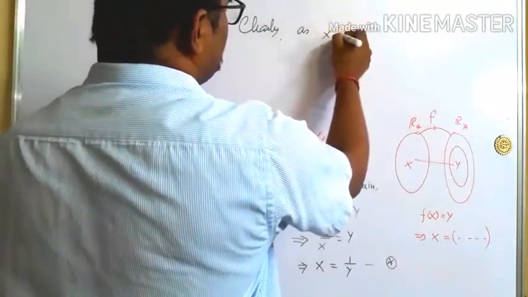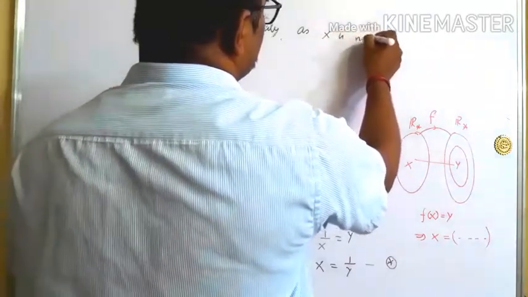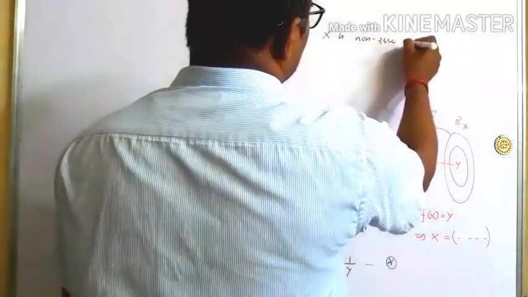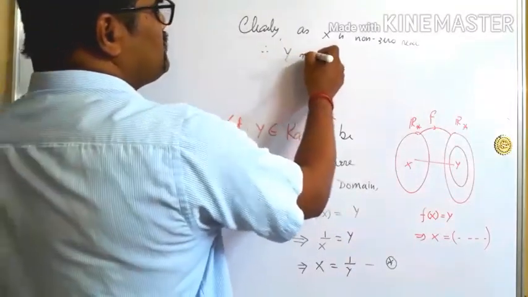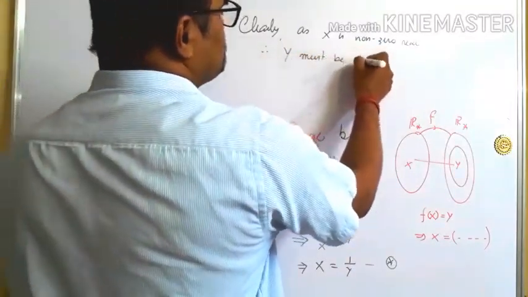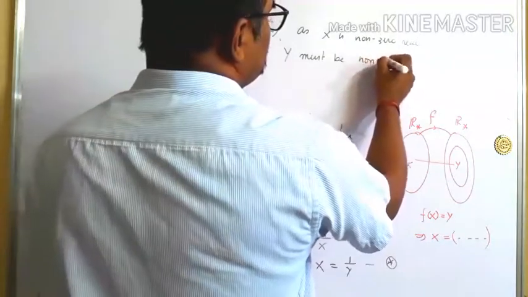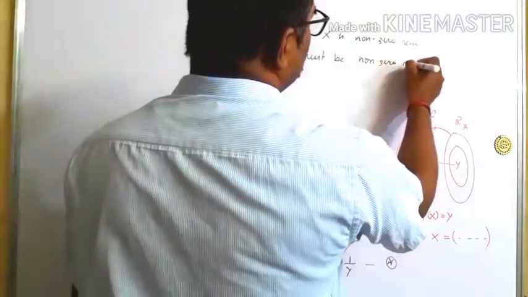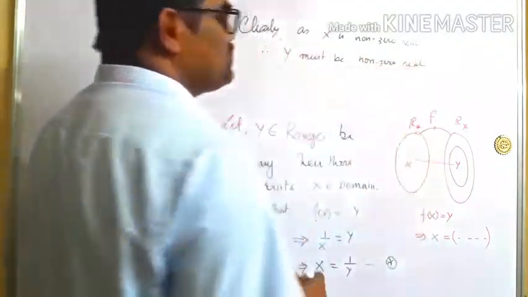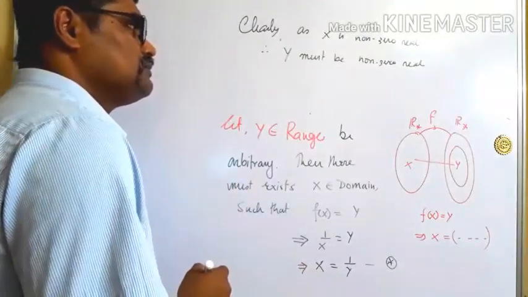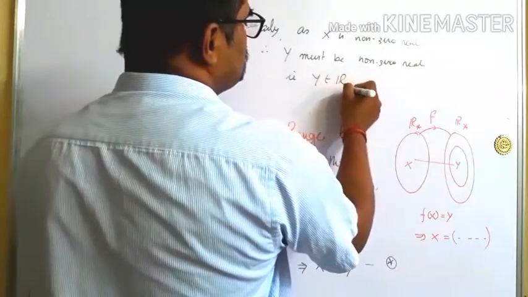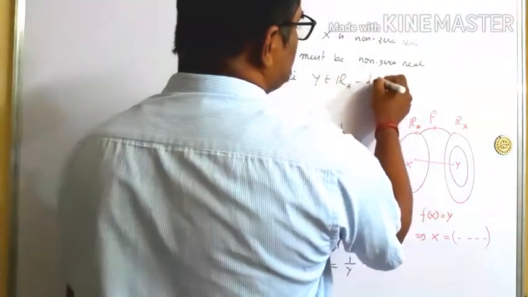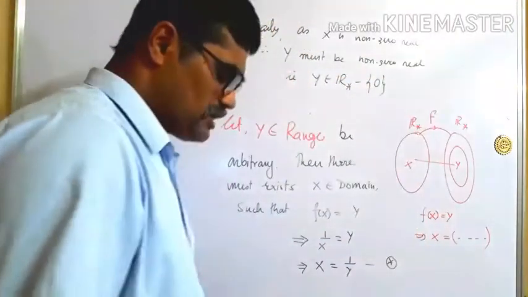As x is non-zero real, therefore y must be non-zero real. That is, y belongs to R star, that is R minus 0.